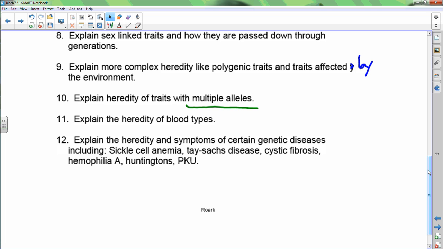All right, as far as blood types go, a couple of things that you'll need to be able to do for the test. Number one, there will be at least one question, maybe two, that will deal with how blood types are passed on and who's the daddy. So, like the worksheet that we did before, based on the mother's blood type and the baby's blood type, you should be able to eliminate any respective fathers.